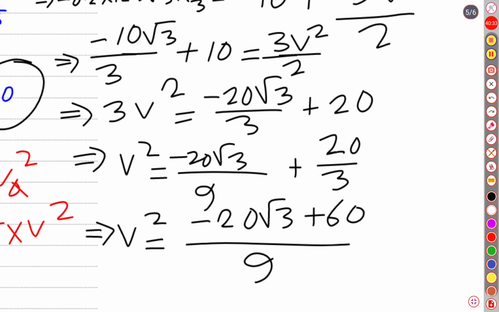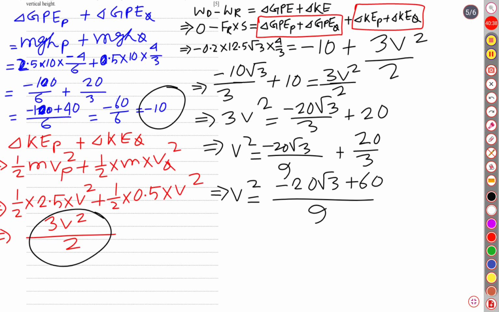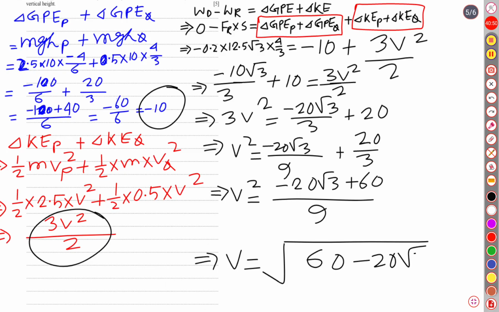Hence, our V is going to be the square root of 60 minus 20 square root over 3, all over 9. Okay.